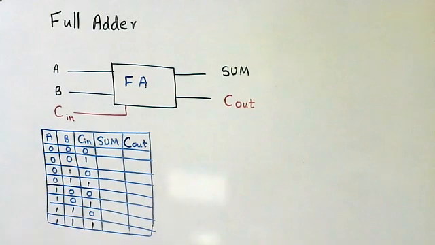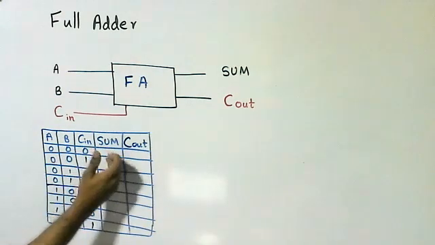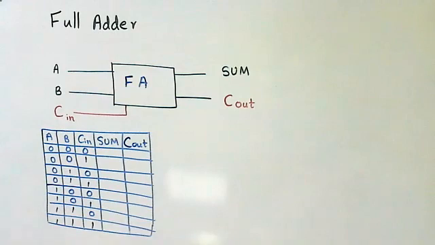Who is going to say sum and C out? Yes, students, according to these inputs, we have to find out sum and C out. Yes, volunteer, who is going to say? Yes, Ilma.